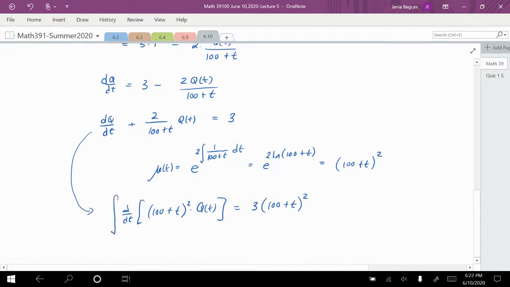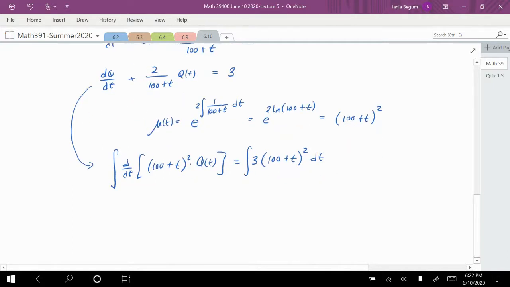And we're going to go ahead and integrate both sides so we can solve for Q of t. So we have 100 plus t squared times Q of t is equal to, on the right side, when you integrate, you get 100 plus t to the third power plus the constant c.